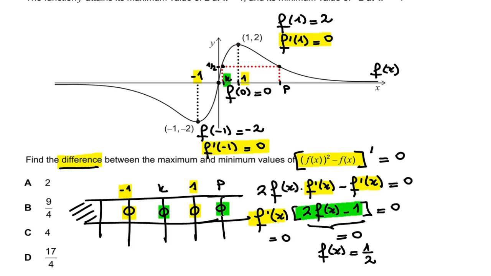Now, is the derivative positive or negative to the right of p? To the right of p, our function is decreasing, so the derivative is negative. So, to the right of p, the function takes values less than 1/2.